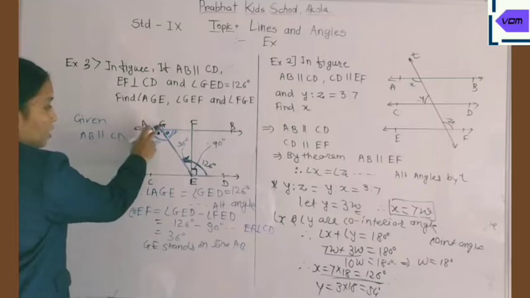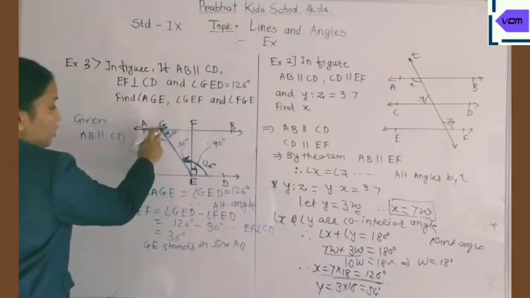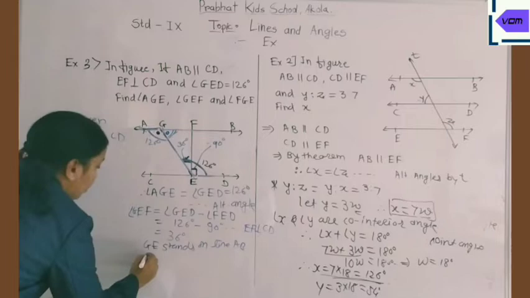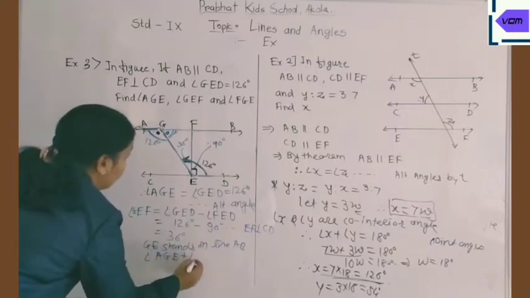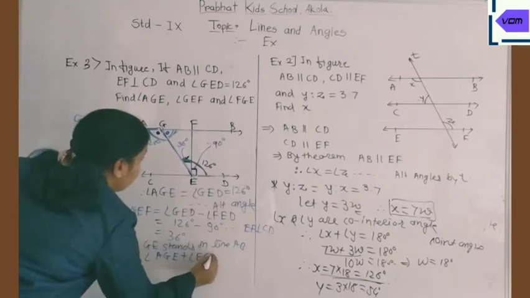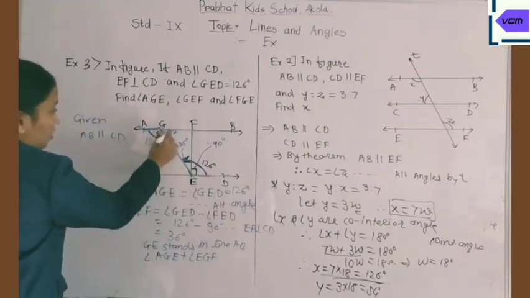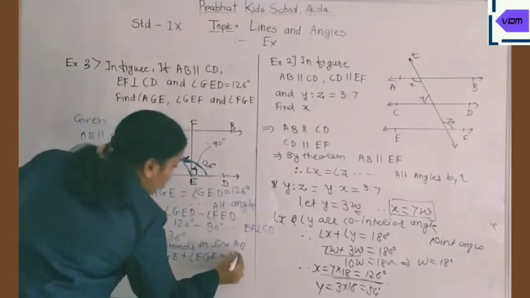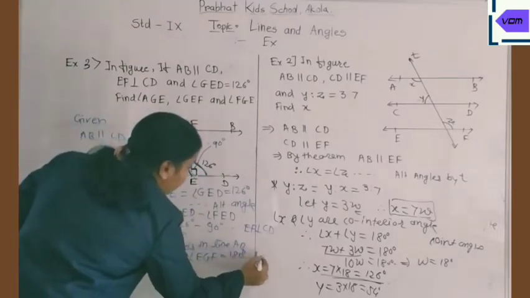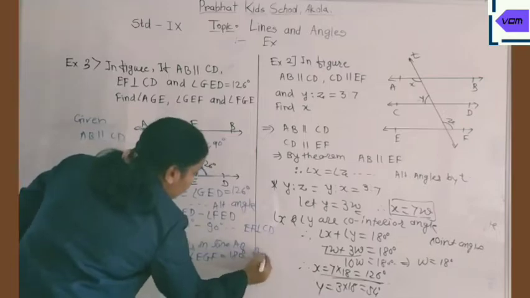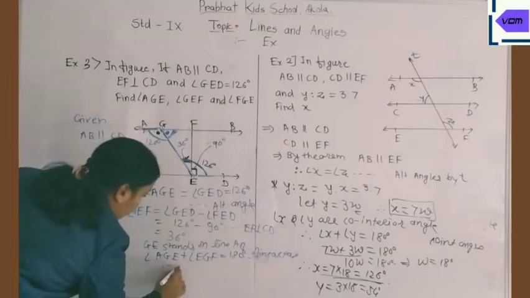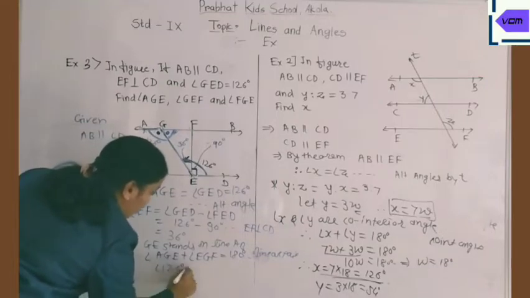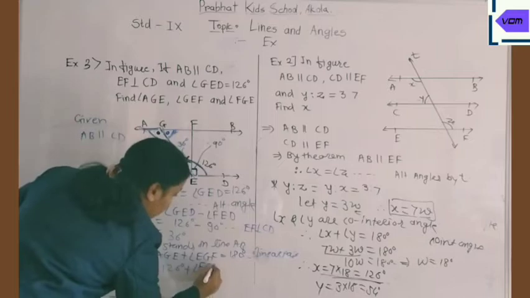Angle AGE plus angle EGF is equal to 180 degrees because of the linear pair. Now AGE is 126 degrees plus angle EGF is equal to 180 degrees.